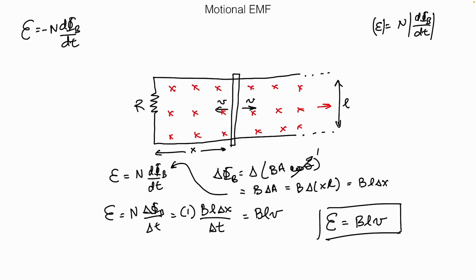So we can find the EMF, the voltage. We know the magnetic field. We know the length of the conductor in that field. Notice x doesn't enter in here. It's just the width between the tracks. And I know how fast the bar is moving, so I can find my EMF. But if I know the EMF in the coil, I know my magnetic field and I know the distance between the tracks, I can find the velocity that the bar is moving. I can do one or the other. I can generate electricity by moving the bar back and forth, or I can make electricity go back and forth and cause the bar to move.